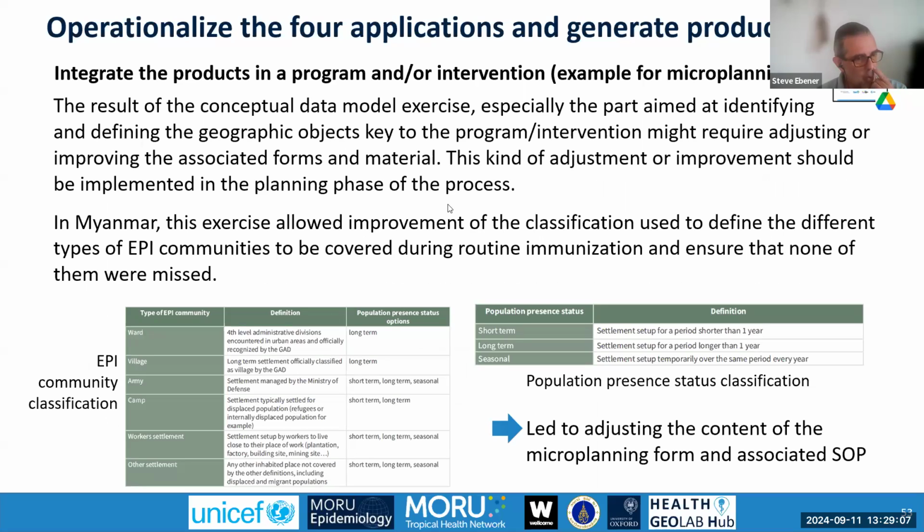You have here also the example, again, the example I was mentioning earlier in Myanmar about the integration of the result of this work on the identification of the geography of the microplanning context that led to define different types of EPI communities to be covered during immunization, and which led to adjusting the content of the microplanning forms and associated SOPs.